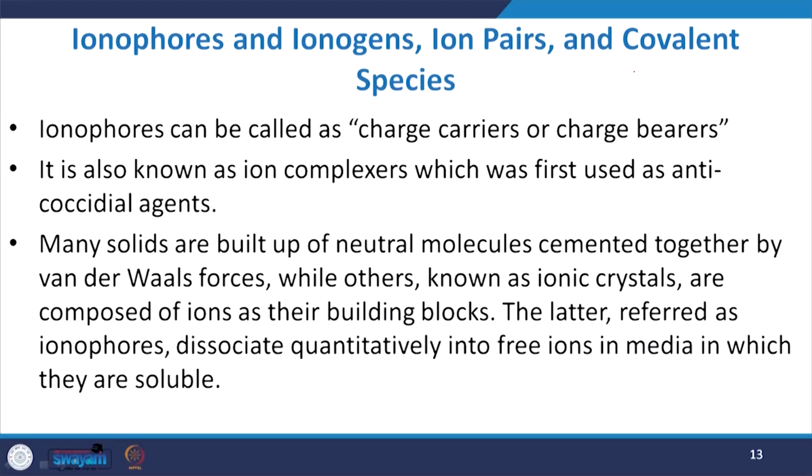Now, let us talk about ionophores and ionogens, or ionic pairs or covalent species. These ionophores in the polymerization system can be called charge carriers or charge bearers. They are also known as ion complexers, which were first used as anti-coccidial agents. Many solids are built up of neutral molecules cemented together by van der Waals forces, and these are very weak forces.